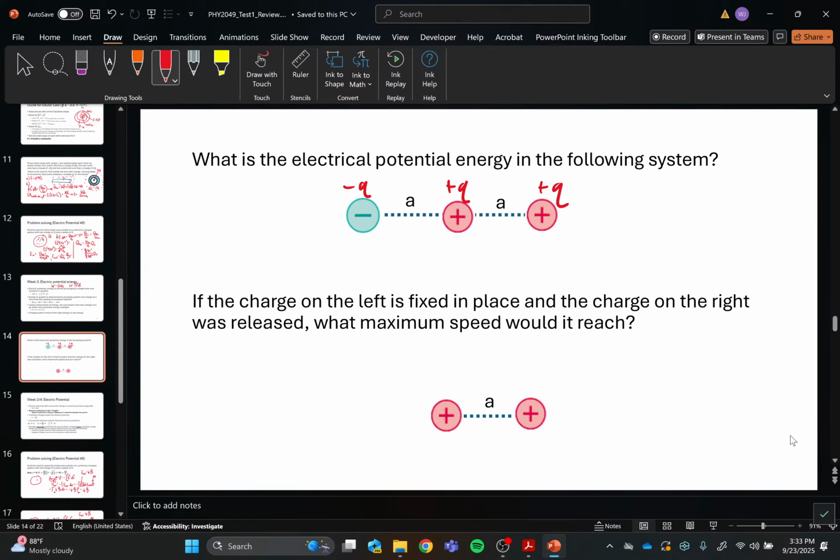The answer will not be 0. Sum all the energy.